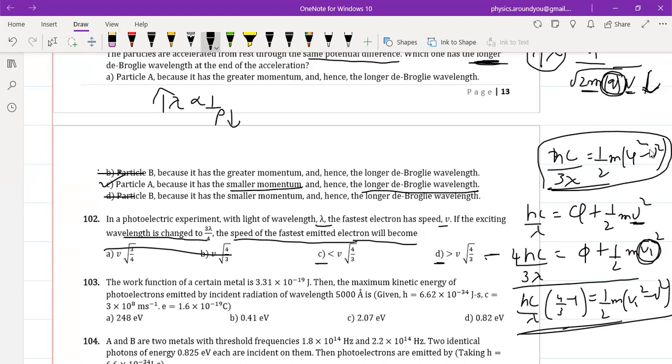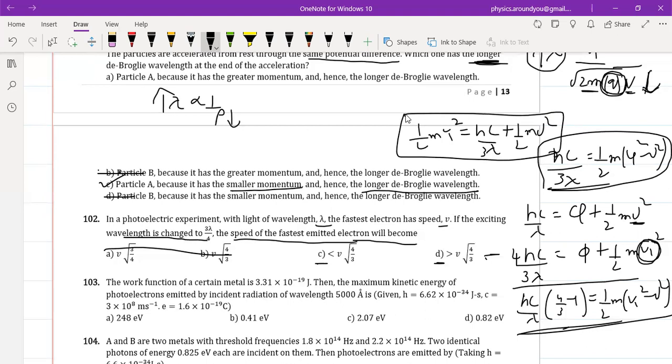Okay, so what would be half mv1 square in terms of half mv square? Half mv1 square has to be equal to hc by 3 lambda plus half mv square. So I have tried to look at v1 square in terms of v square, but how can I put it in terms of inequality? That is the problem here.